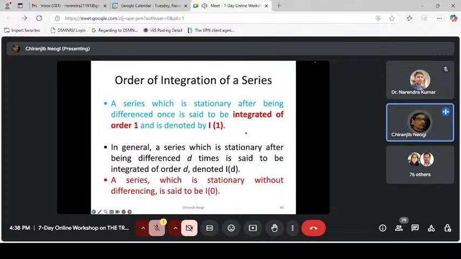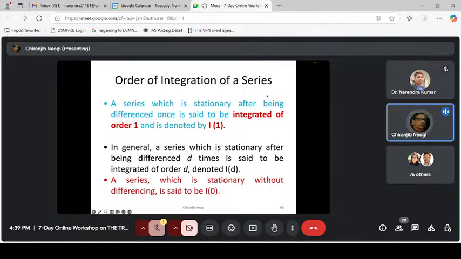Now, what is the order of integration? If the series is stationary after first differencing, then the series is integrated of order 1.